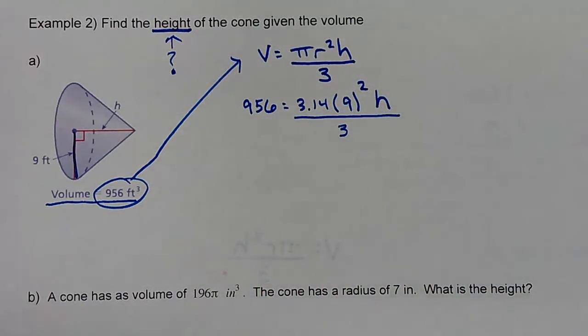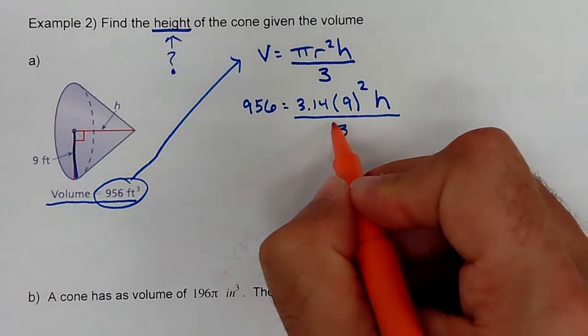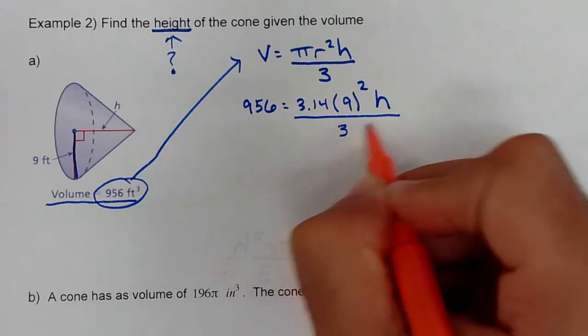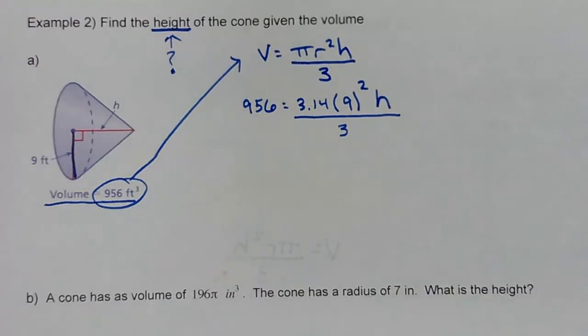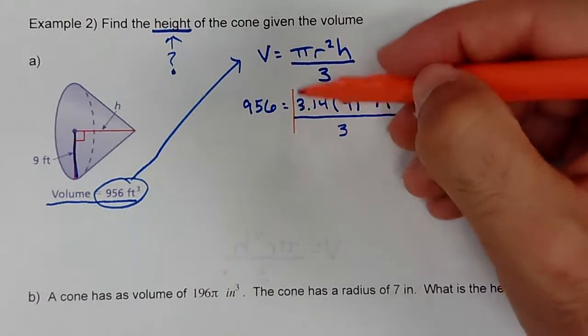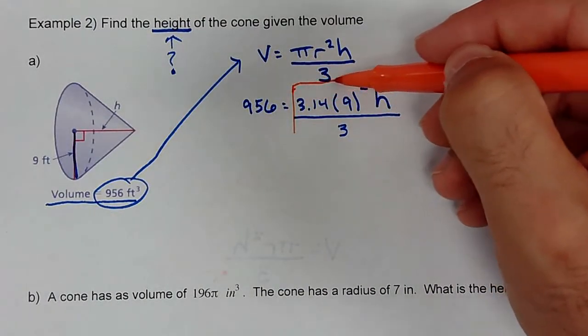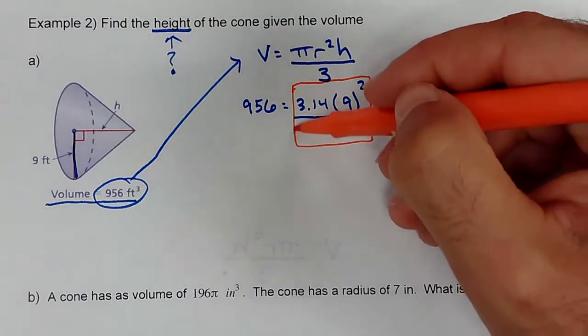Okay, so something we can do to help simplify, there's a couple ways we could answer this. The first thing we could do is, because this is dividing by 3, we could times by 3 on both sides and then begin our solving. Or we can just simplify this value.